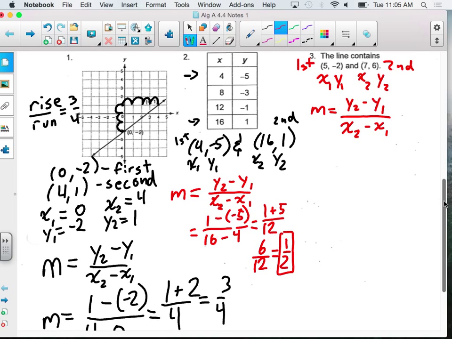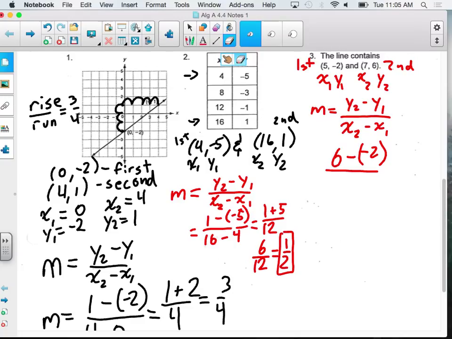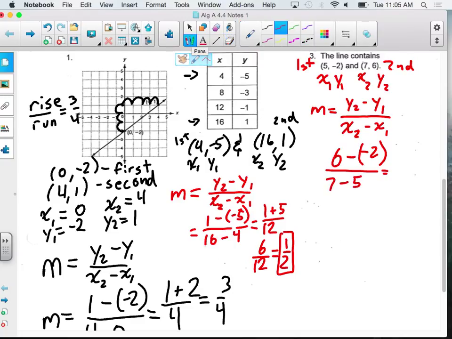Okay, so our general formula for finding the slope is y sub 2 minus y sub 1, so how would it be rewritten? 6 minus -2, over 7 minus 5. So 6 minus -2 is 8, and 7 minus 5 is 2.